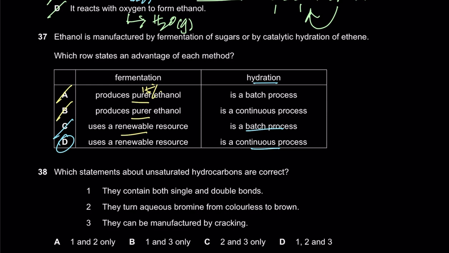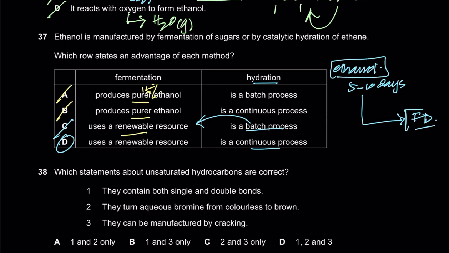What a batch process is, basically, is that your fermentation is actually a batch process. How? Because the ethanol is going to form first, in like 5 to 10 days. And then you're going to shift it to another batch where fractional distillation is going to take place. So there are different processes. When there are different steps involved, we call it a batch process, right?